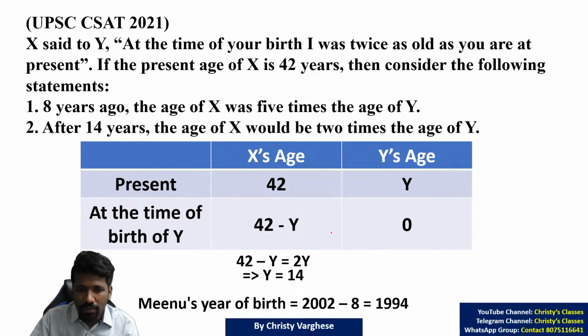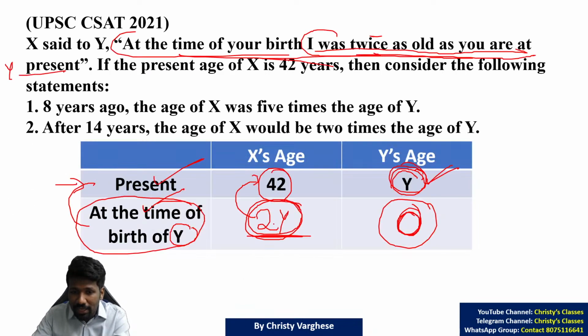One more thing. At the time of your birth, you can say it is 2Y. That is one way of saying it. Another way of saying it is Y years before. That is 42 minus Y years.